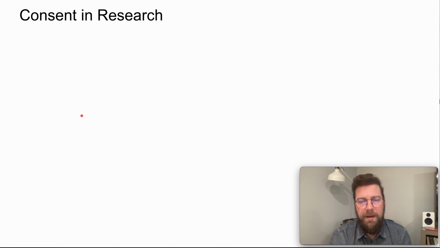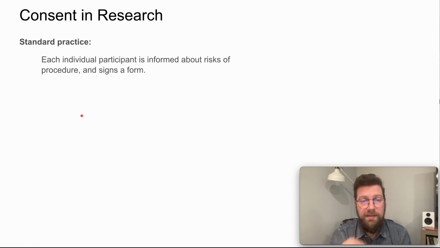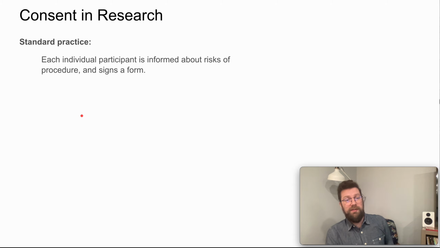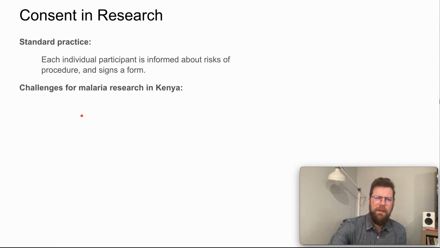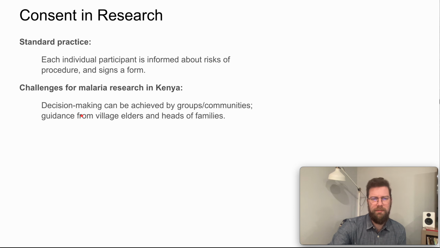So when we're thinking about the standard practice in the Western world, each individual participating in the research is going to be informed of the risks and benefits of the procedure, and if the would-be participant finds those risks to be ones worth taking, then they would consent and sign a piece of paper, a form, to signal that consent. But let's say we're doing malaria research in Kenya.